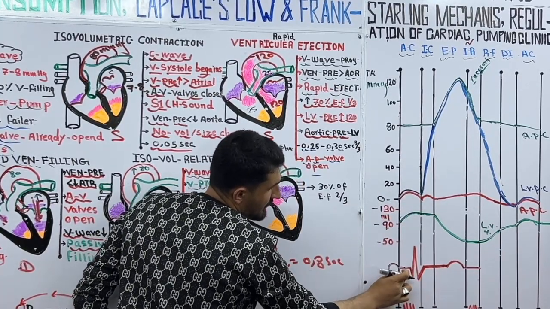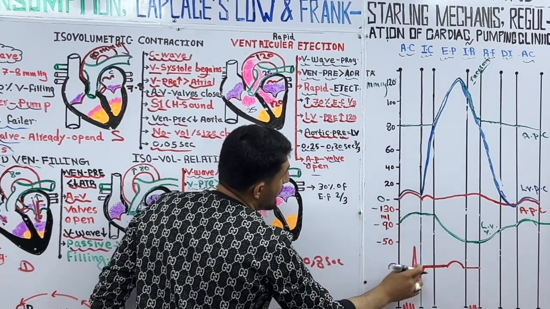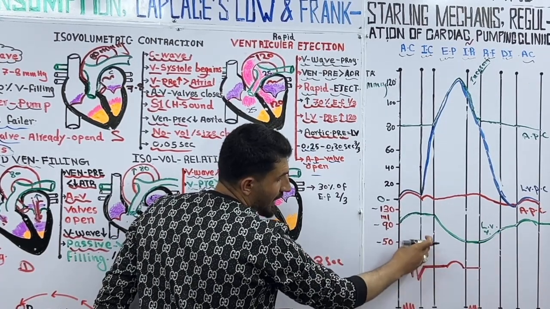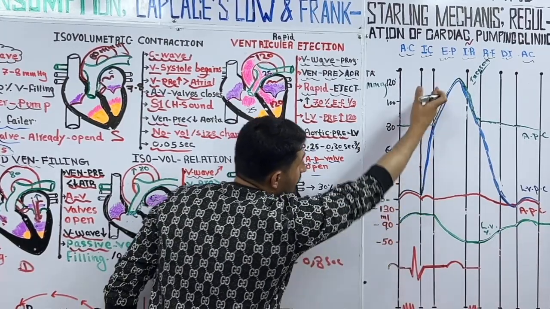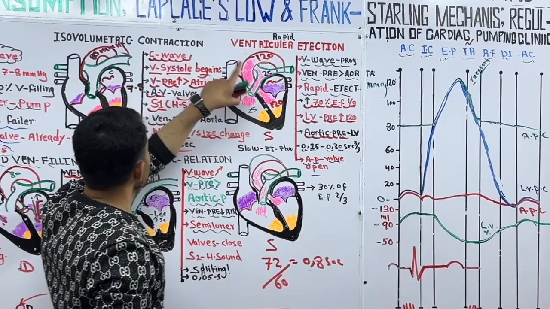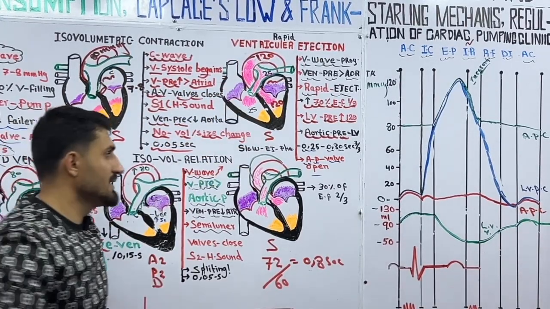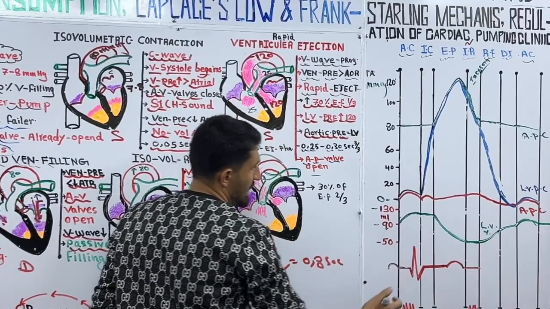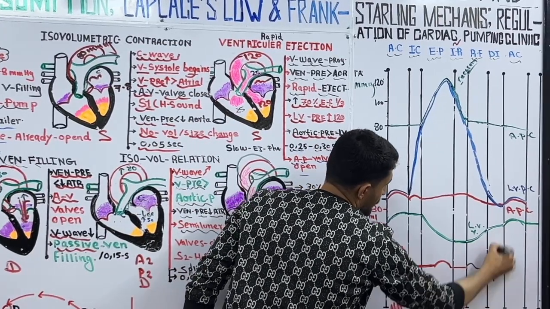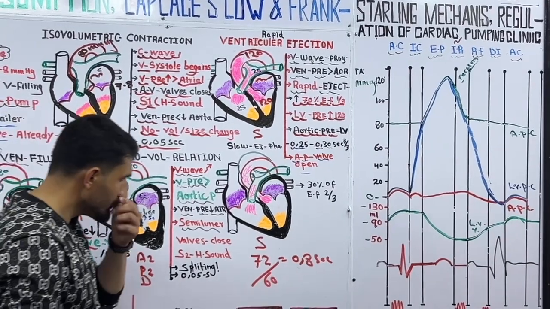Then the electricity is at the AV node, and then the QRS complex occurs, followed by contraction of the ventricles, the isovolemic contraction plus the ejection phase. So this is about the QRS T.